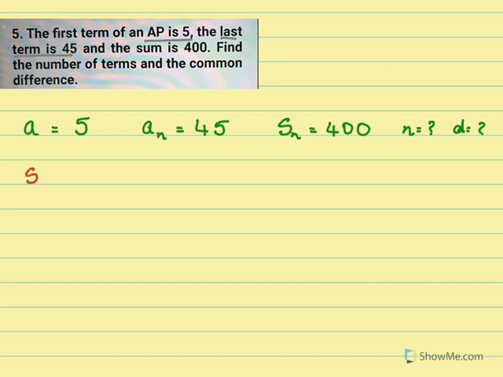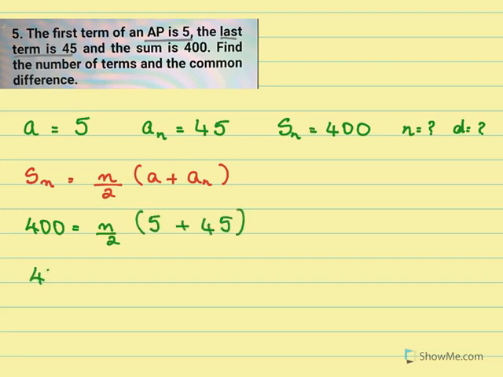So we start with the formula Sn equal to n by 2 (first term plus last term). So we put the values. So we have Sn is 400, n by 2, first term 5, last term 45.